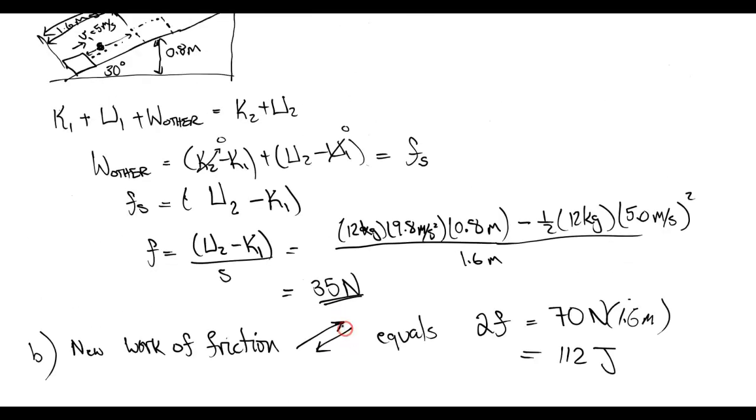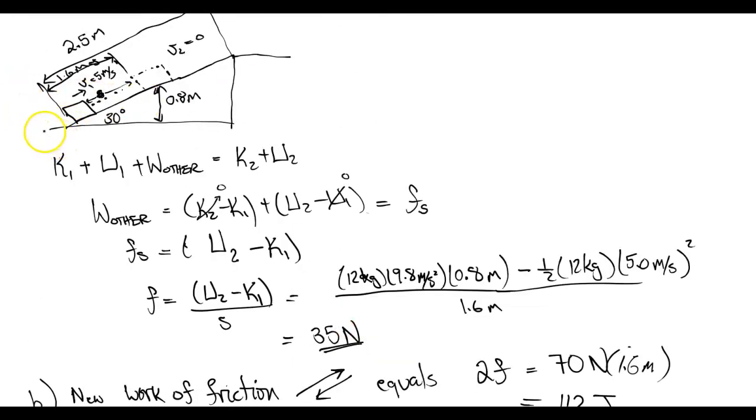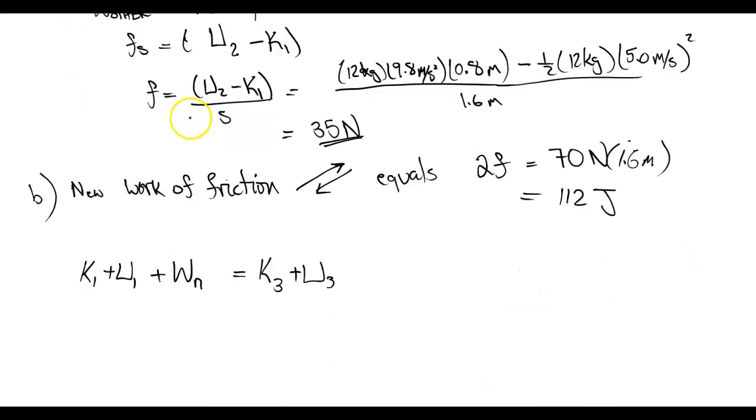But keep in mind that point 1 and point 3, as explained in the graph, are exactly the same location-wise. So K3 in this case is going to equal K1 plus U1 minus U3 minus the work of the new friction force.